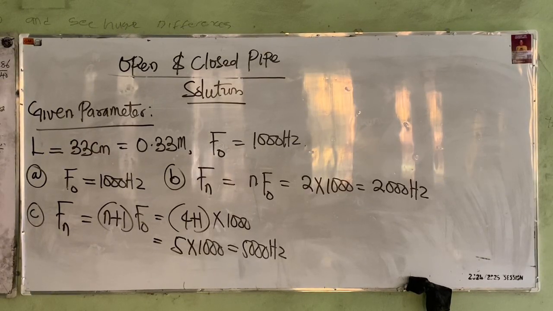In brackets, you put: take the speed of sound in the air in the tube to be 330 meters per second. You close your bracket.